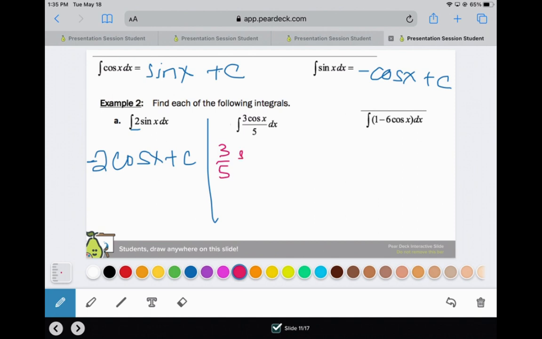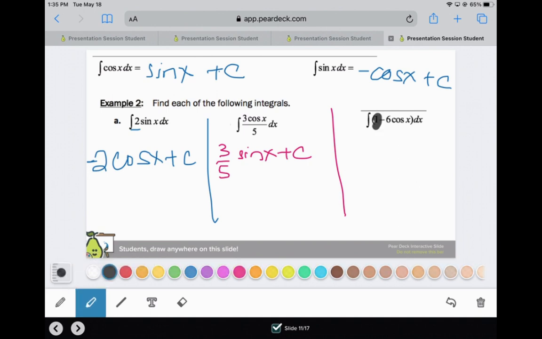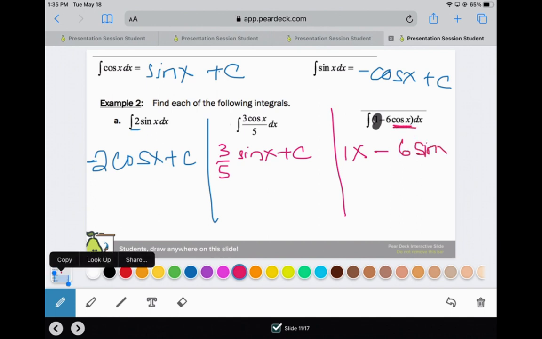The antiderivative of cosine is just sine plus C. And here you have two terms for the third example, which is 1x minus 6. The cosine turns into sine plus C. Okay, so you have to have this memorized. Otherwise, have it on a piece of paper so you can use it when you take the test.